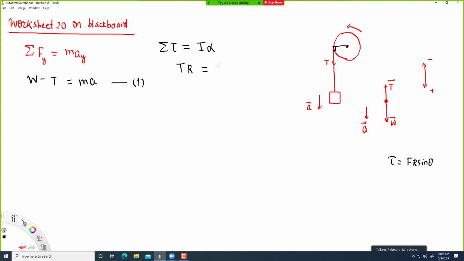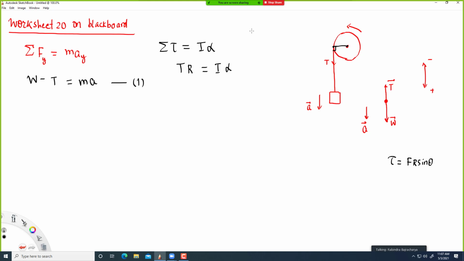So torque is T R, equal to I alpha. And here this wheel is rotating in such a way that there is no slippage between the cord and the wheel.